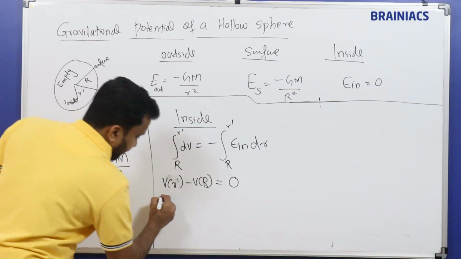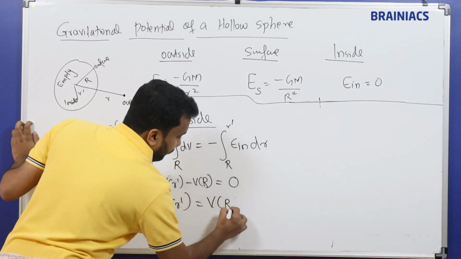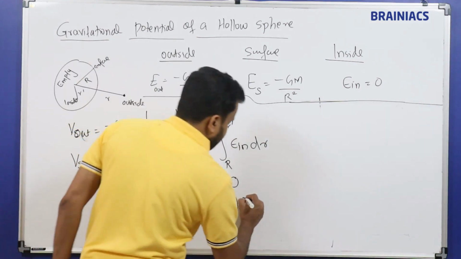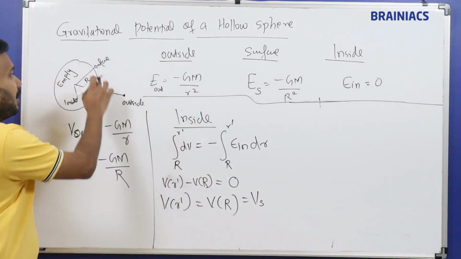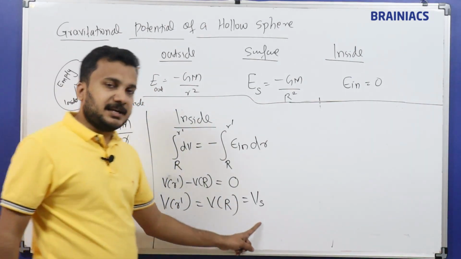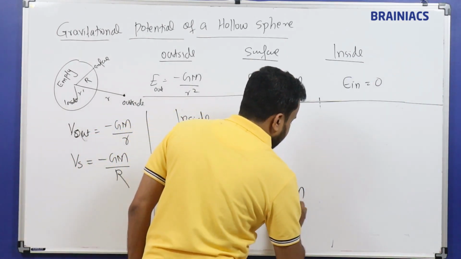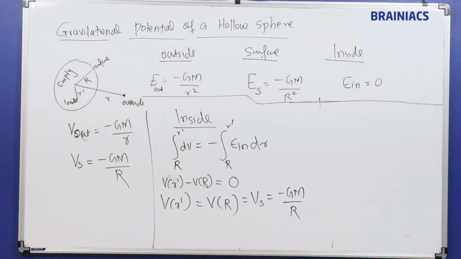So V of r dash is equal to V of R. V of R means what? The potential at the surface, the potential at a distance of R meters away. What is the potential at the surface? Minus GM by R, minus GM divided by R.